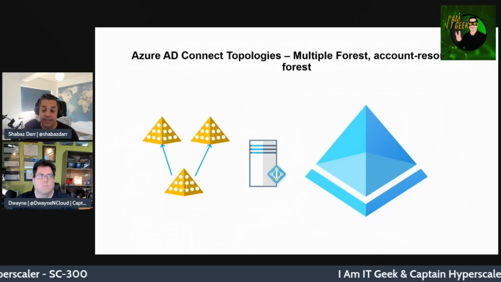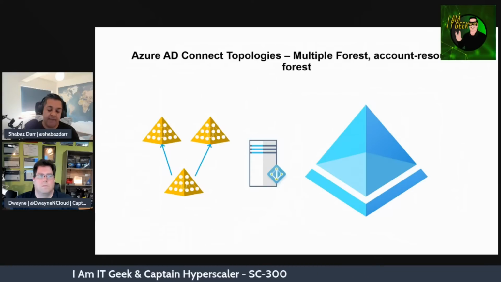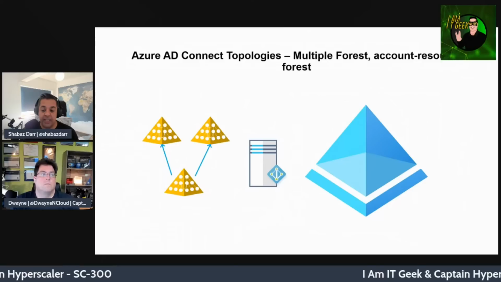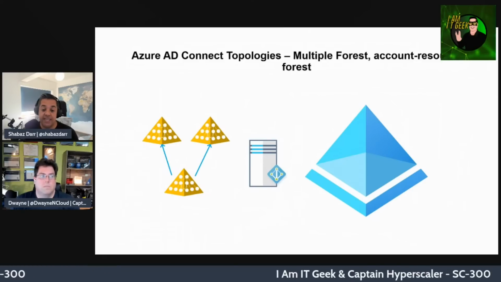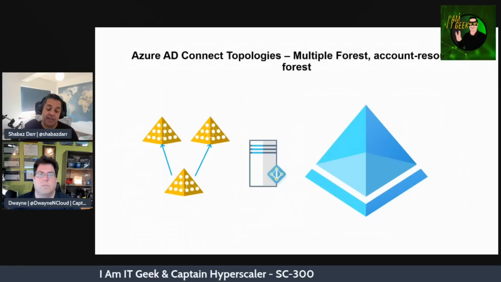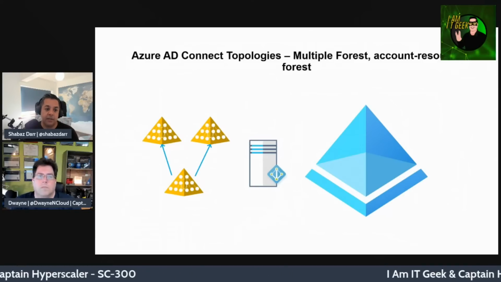The resource forest typically has an extended Active Directory schema with Exchange and what used to be Lync, which might be Skype for Business now. All Exchange and Skype or Lync users, along with the shared services, are located in this forest. Users have a disabled user account in this forest, and the mailbox is linked to the account forest.